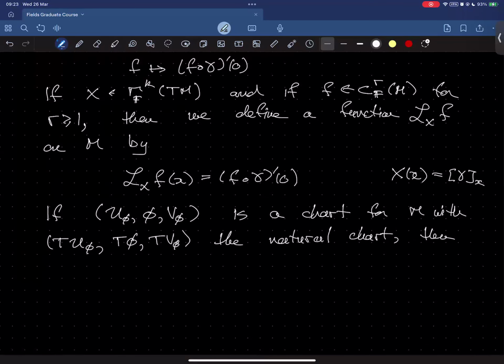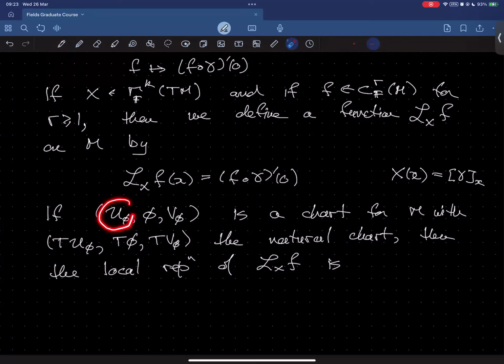Then the local representative of L_X f is, so this is going to be a function now, and the local representative therefore is going to be a function defined on the image of this thing under phi. So it's going to go phi of U_phi, which will be an open subset of V_phi.